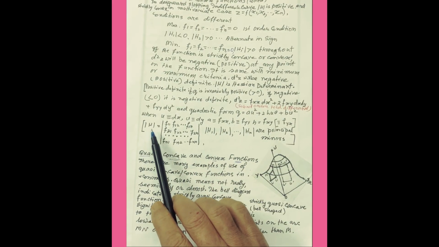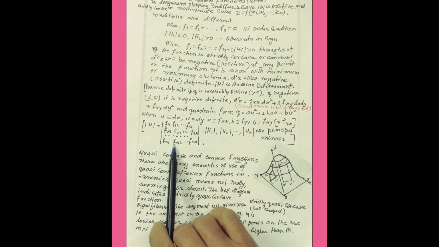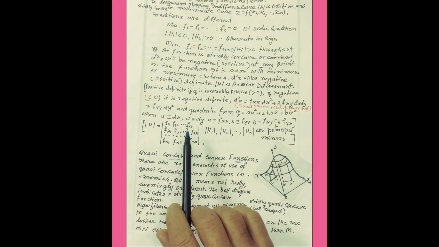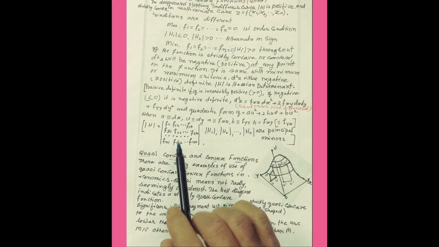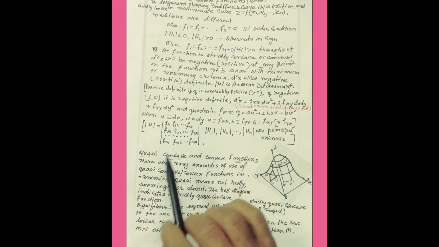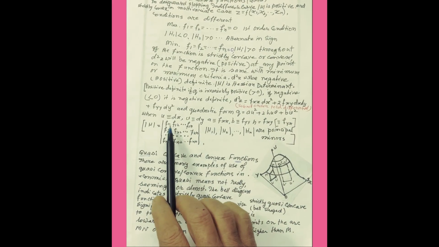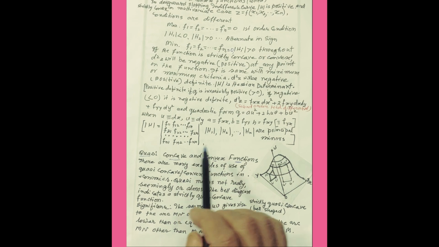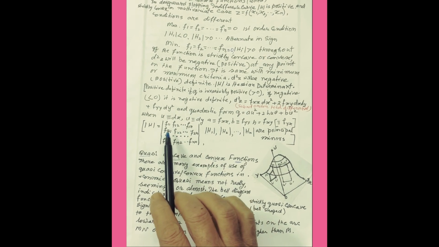Now, the Hessian determinant is like this. We have already discussed earlier that f11, f12, suppose there are n number of independent variables, then f1 means the first derivative with respect to x, then again derive the first derivative, this is f11.